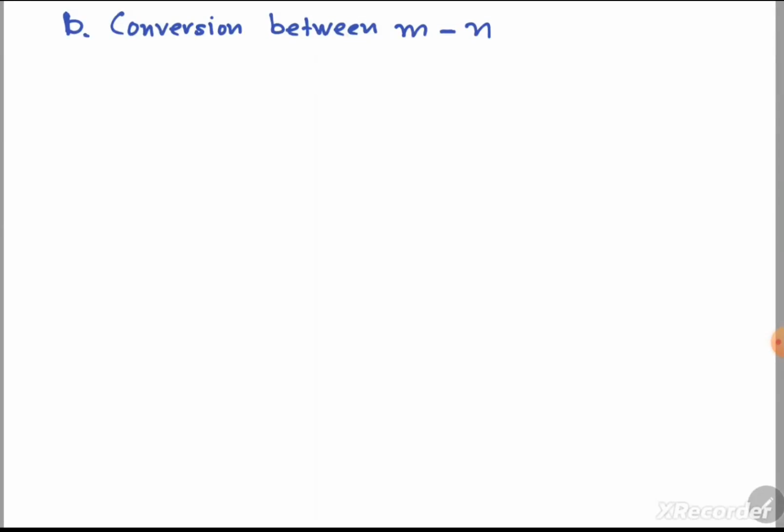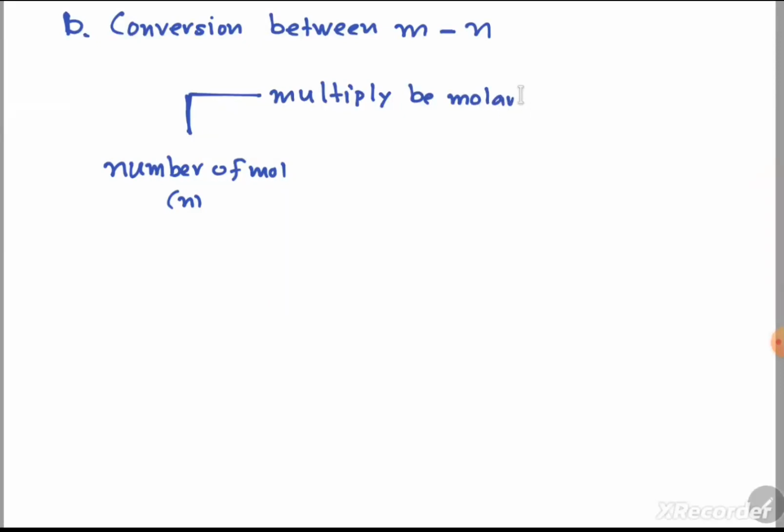In this conversion, we need the value of MR. So we have, if the number of mole is multiplied by molar mass, we will find the mass we need.